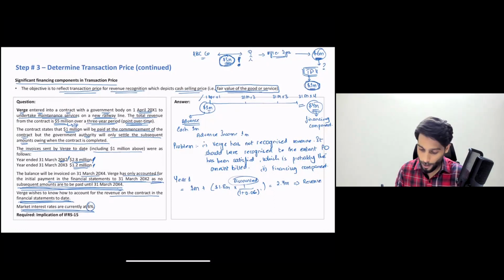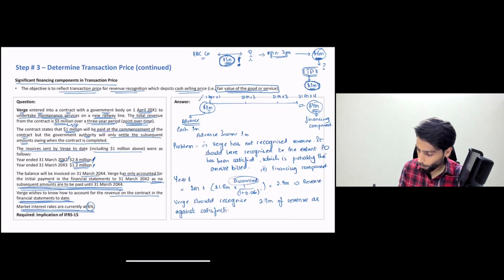So I would say that Verge should recognize 2.7 million of revenue as against satisfaction of performance obligation.